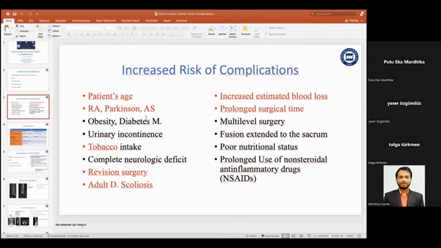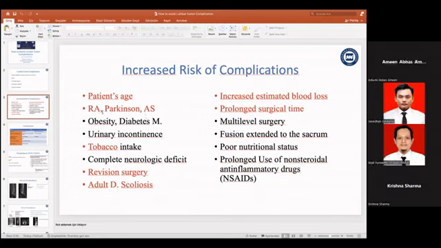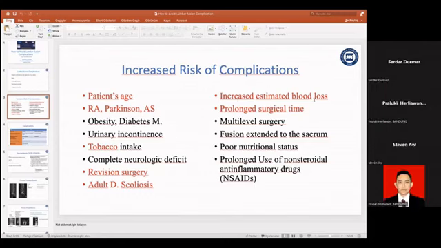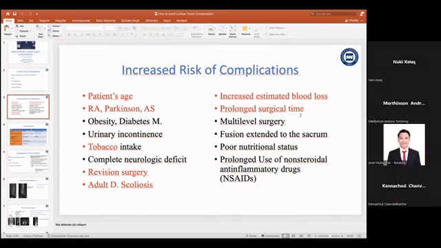For example, rheumatoid arthritis, Parkinson's disease, ankylosing spondylitis, tobacco use, revision surgery, and adult degenerative scoliosis. During operation, increased blood loss and prolonged surgical time carry a high risk of complications.